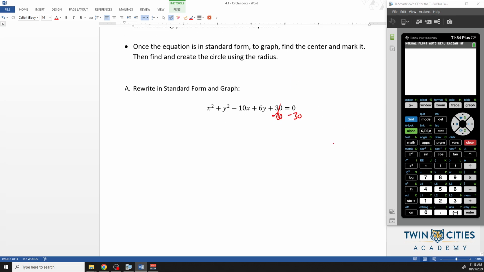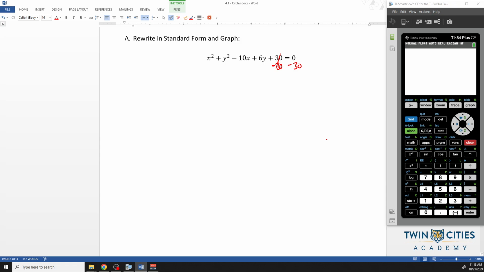As I'm doing that, I'm also going to group up the x parts and the y parts together. So I'll have x squared minus 10x plus, and leave a blank spot here. Then I want to do the y parts.